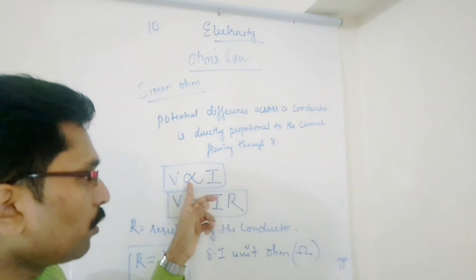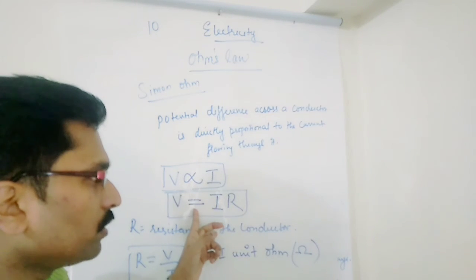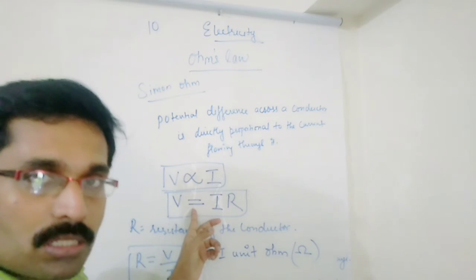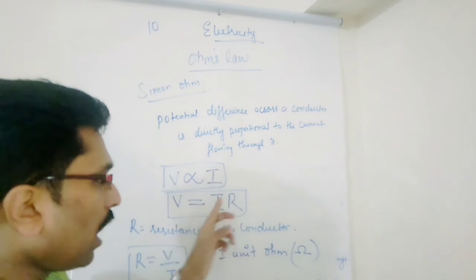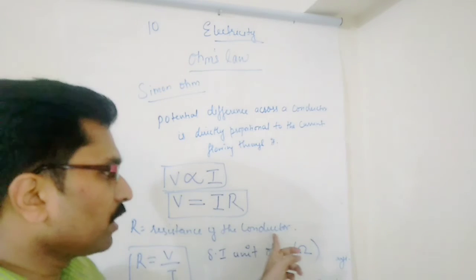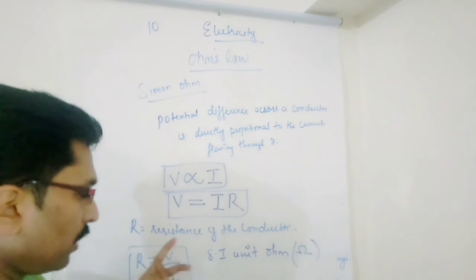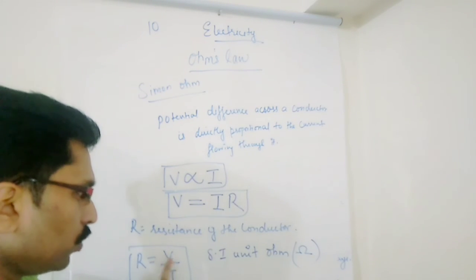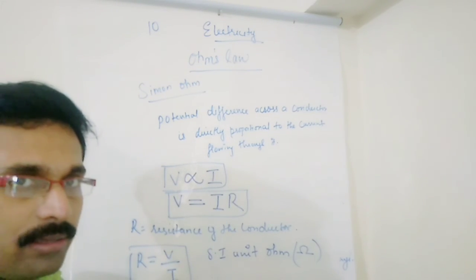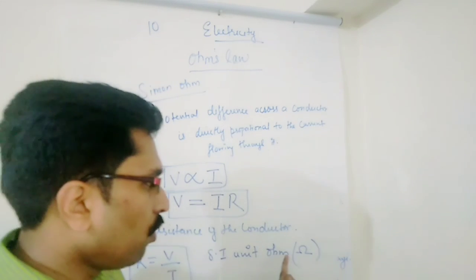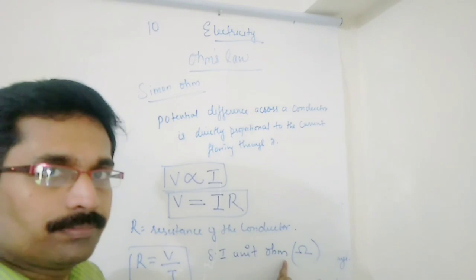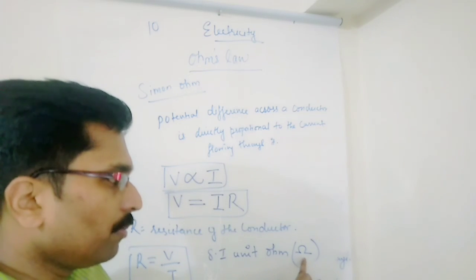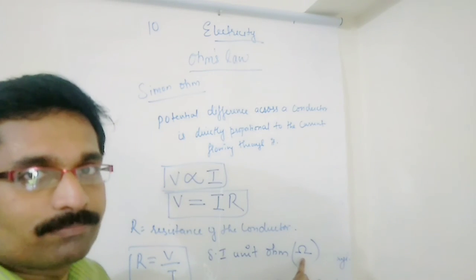So I have removed the proportionality sign and put equal to, which states we have a constant over here, and that constant is R. And R is known as the resistance of the conductor. So we have another equation, R is equal to V by I. And the SI unit of resistance is ohm, and it is denoted symbolically by omega.